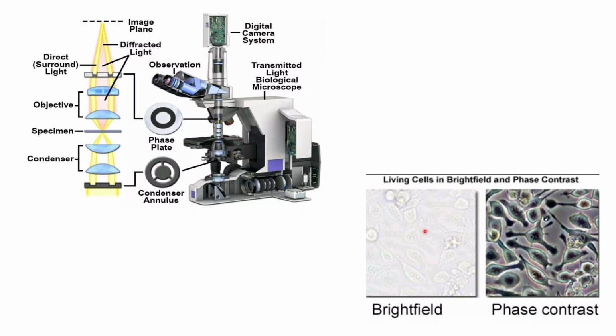Like you see here, if you look at living cells in bright field and phase contrast microscope, this is how they would look. In bright field they would all just look bright like this, and in phase contrast the light intensities would be different based on the thickness of the specimen or even the different cellular components of the specimen.